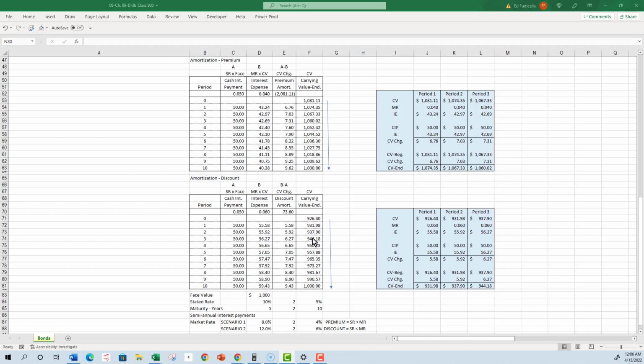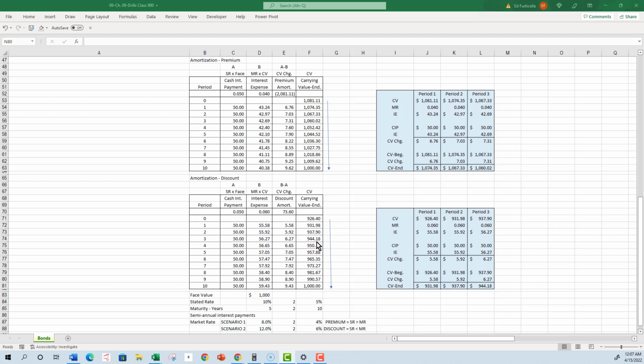The ending carrying value becomes the beginning carrying value for period 3. You multiply that by the 6% market rate, and you get the interest expense for period 3. And you see that the amounts are identical to the amortization table. The difference between the cash payment and the interest expense is the change in carrying value. The change in the carrying value is added to the beginning of the period carrying value to get the end of the period carrying value.